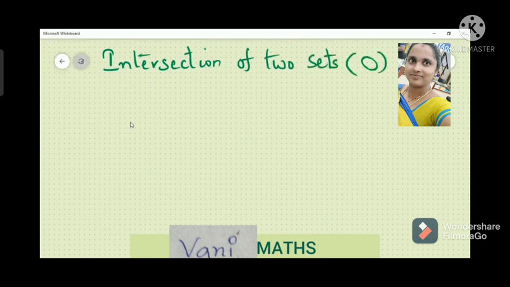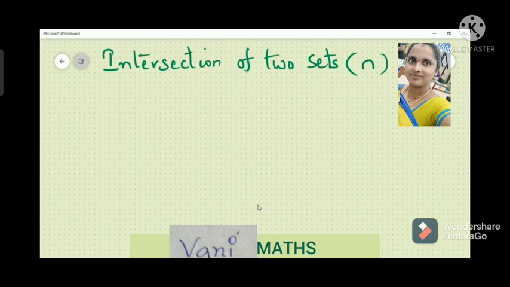So what is its symbol? Wait a minute, I want to erase this. No, it's not possible. Okay. Intersection symbol. Intersection of two sets. So how do we define intersection of two sets?